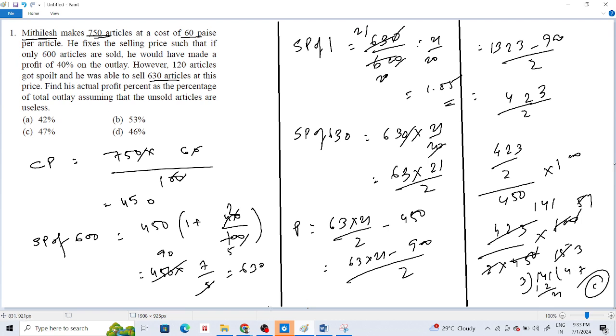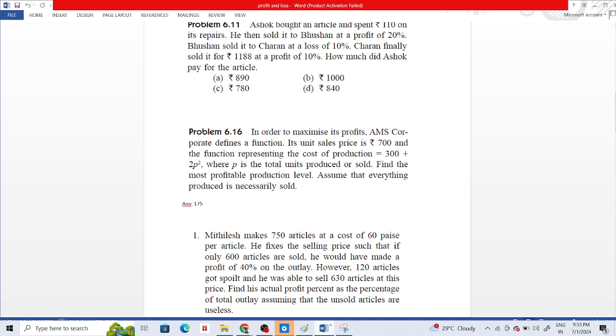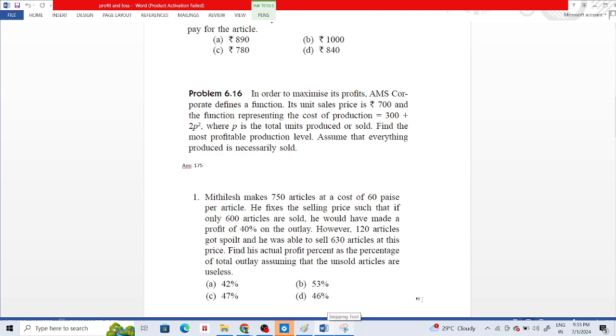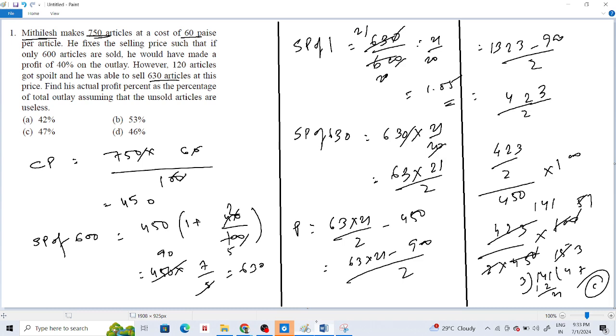C is the answer. Finish. That's it, done. C is the answer.